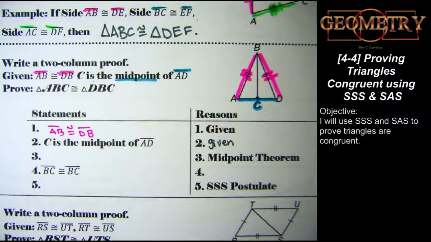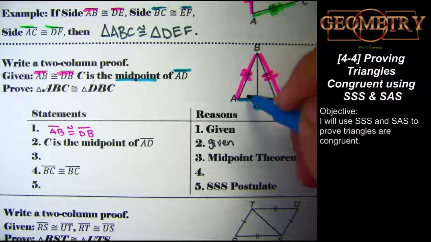Now the next reason that's shown on my partially completed proof is the midpoint theorem. So this proof wants us to use the midpoint theorem for something. Looking at our given, we're told that C is a midpoint. And C is the midpoint of this line segment AD. What does that mean? AC is equivalent to CD, which is congruent.